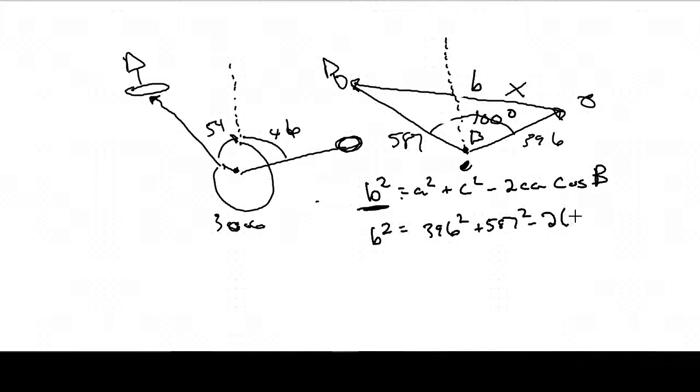And then I have 396 in parentheses, and then times 587. Keep on going. Last little part. And then cosine, and then 100. Right.